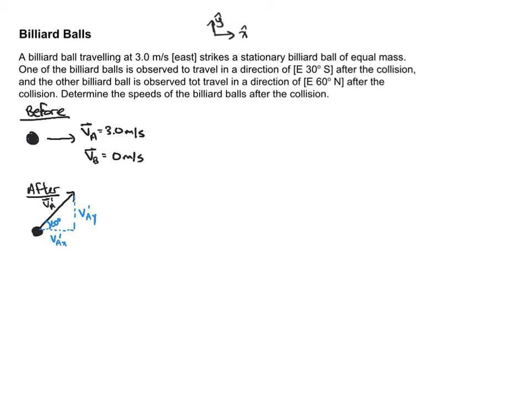Secondly, the other ball, which is of equal mass, that's important. All of these have the same mass. It moves at 30 degrees, east 30 degrees south. So I'll label this velocity as VB prime, and then I'll draw in components for that.